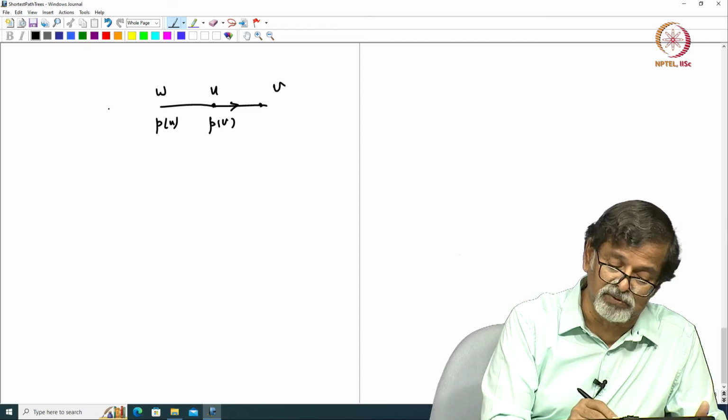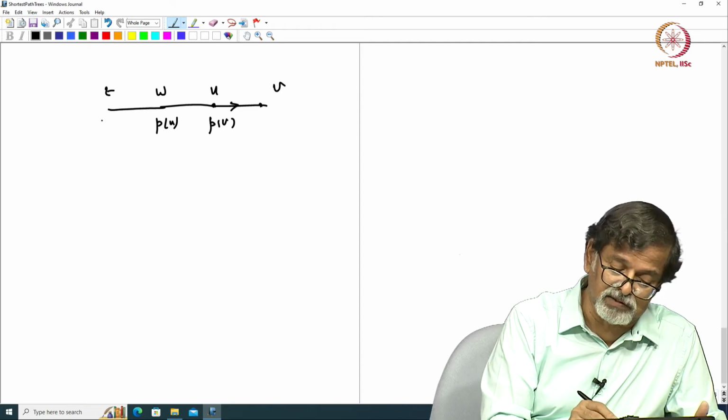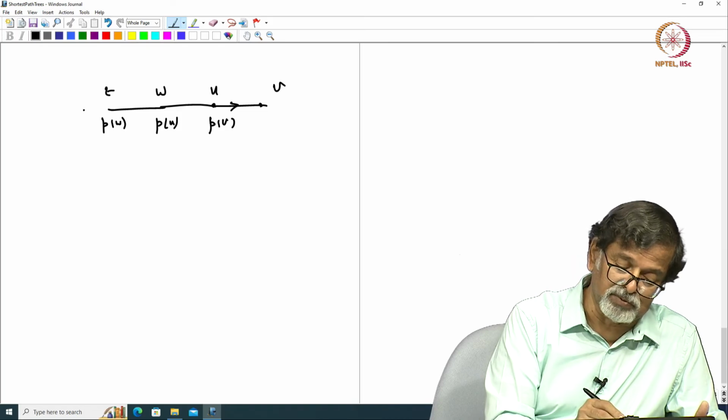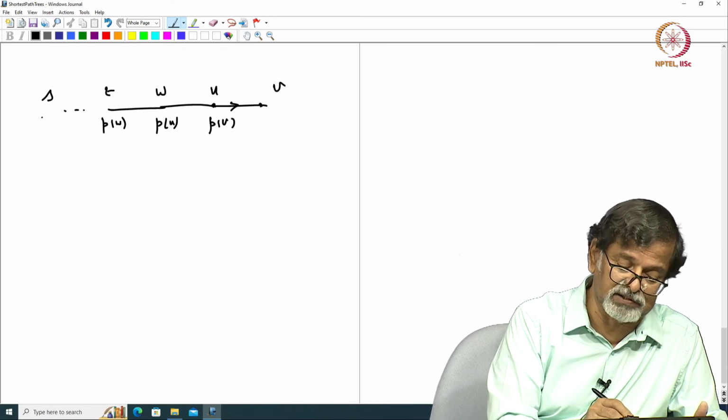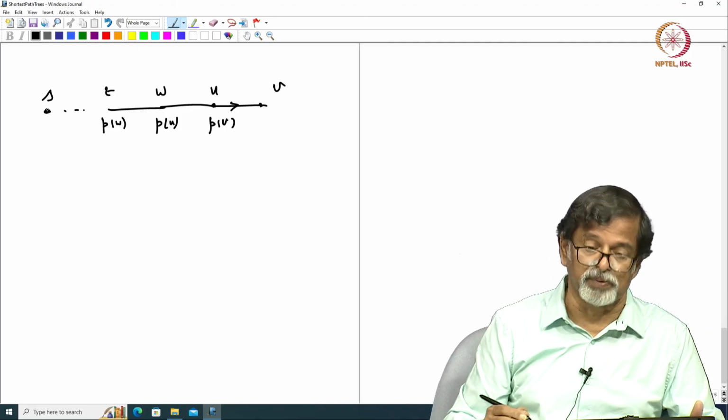So, for V this is U, this is previous of U. For U there is a W, that will be previous of U. This is previous of V. For V this is previous, for W is previous of U, for W there might be some T which is previous of W. In this way it goes all the way up to S. S has nothing previous to it.